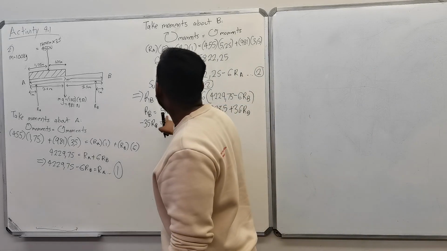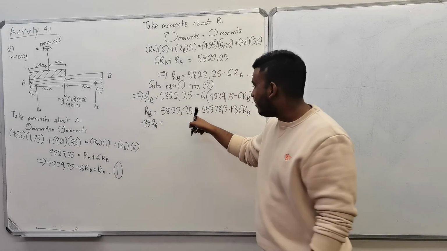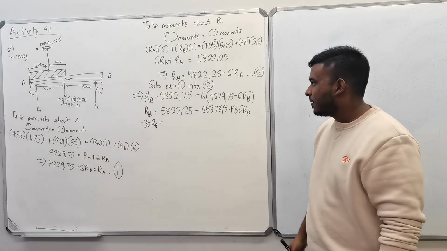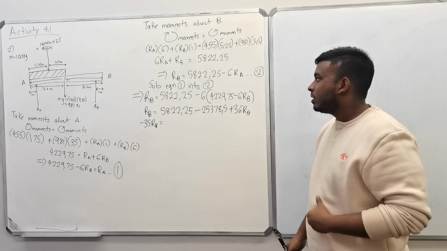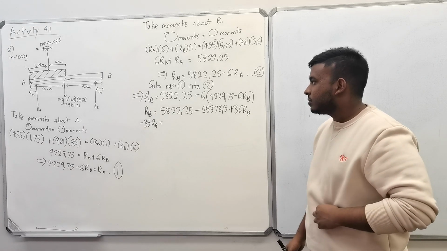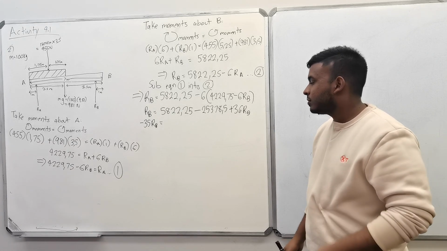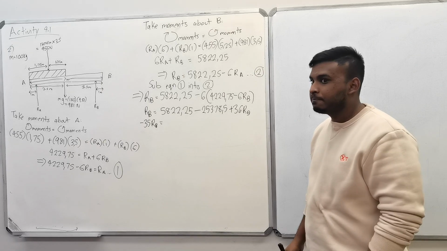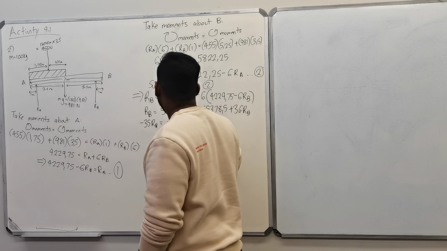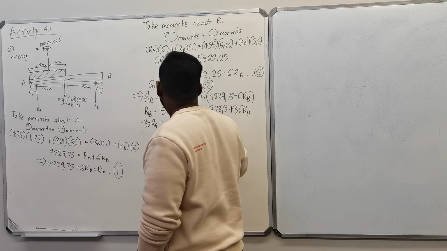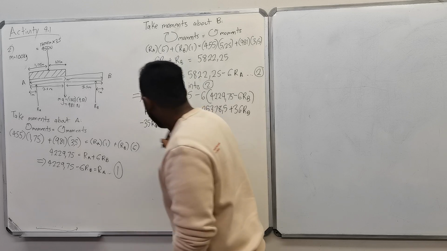And when you take 5822.25 minus this number here, what do you get? Minus 19556.25. Then you just divide.